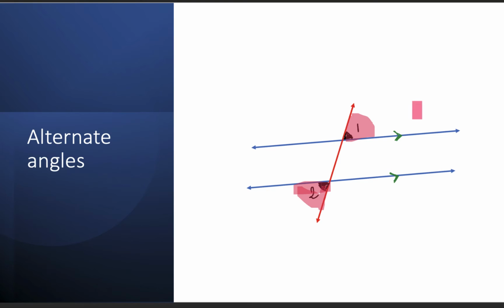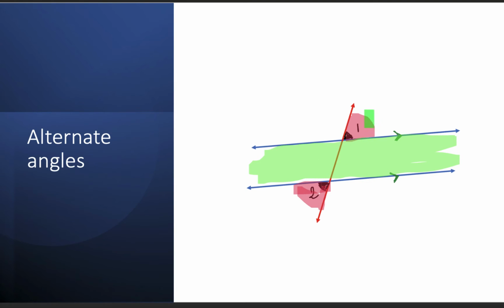What does it mean? It means that they are alternate. As you can see, angle 1 and angle 2 are on different sides of the transversal line. They are exterior of the two parallel lines. Now, what's in between the two parallel lines is called interior, and what's outside is called exterior.